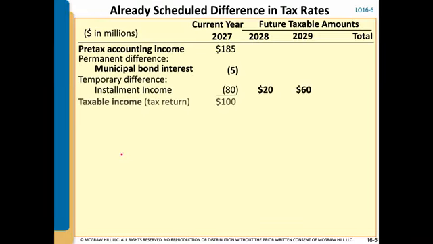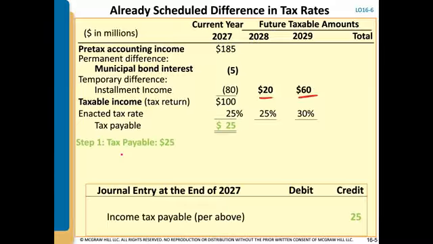However, what if in 2027, when we know that we're going to get the $60 million in 2029, probably because we have some sort of contract signed, they passed a law, or we know about a law that has been enacted, a newly enacted tax law that changes the tax rate in 2029 to 30%?